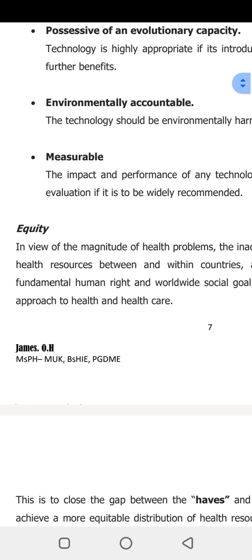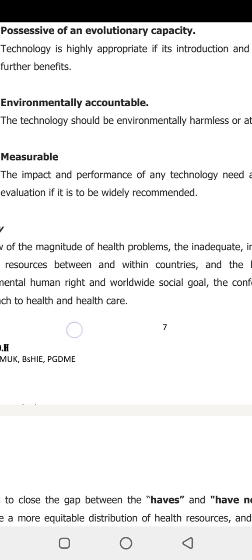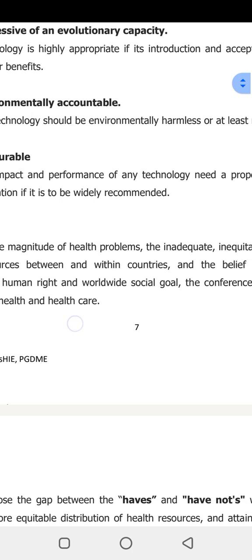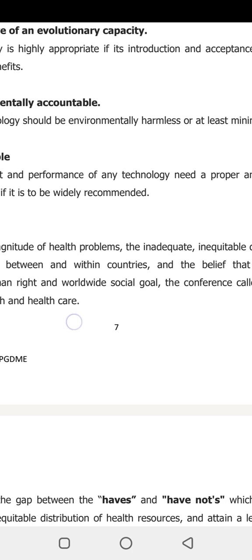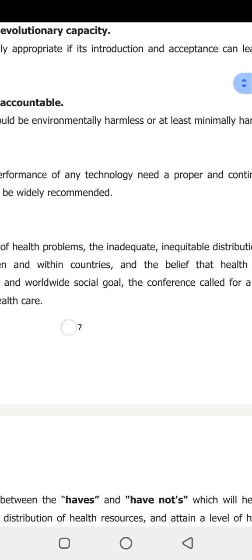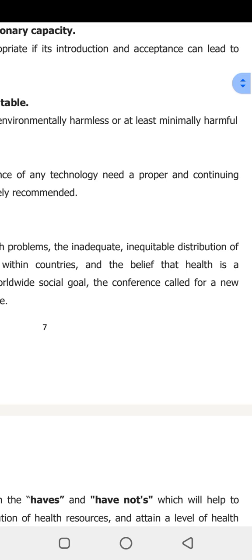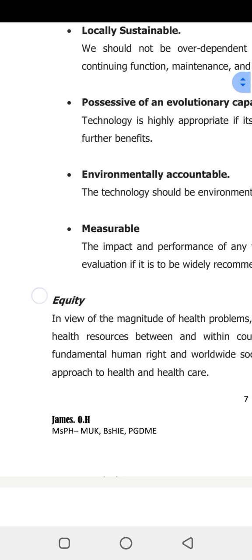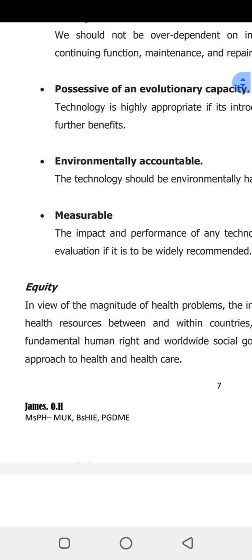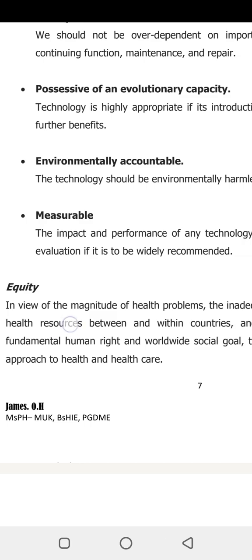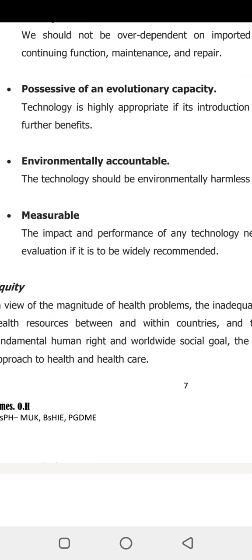Measurable. The impact and performance of any technology need a proper and continuing evaluation if it is to be widely recommended.